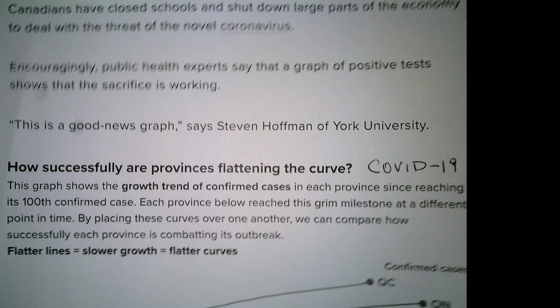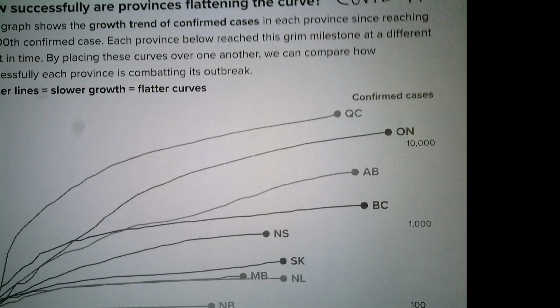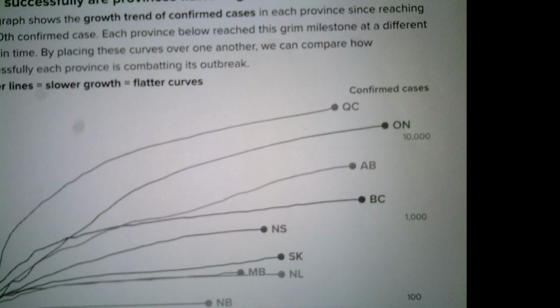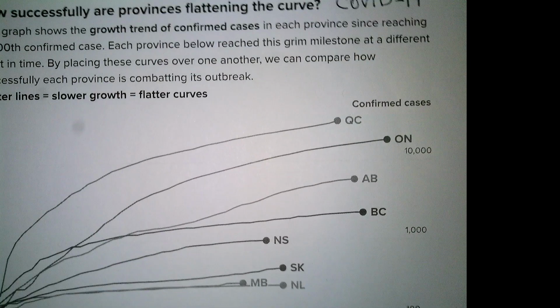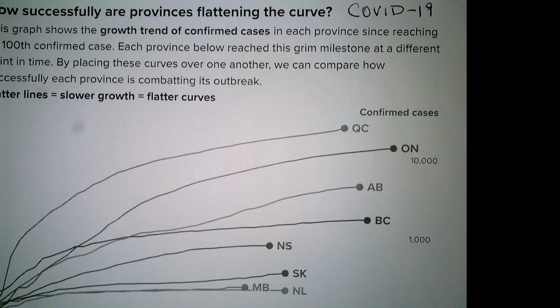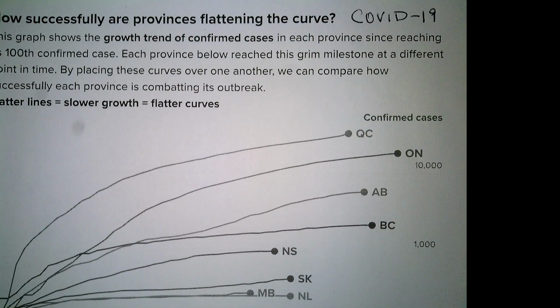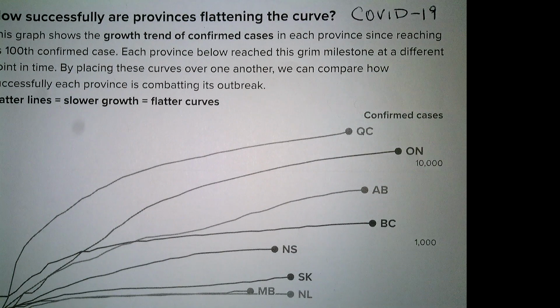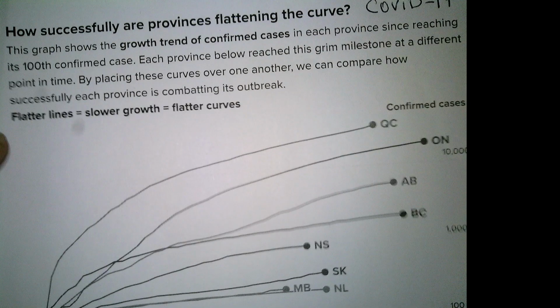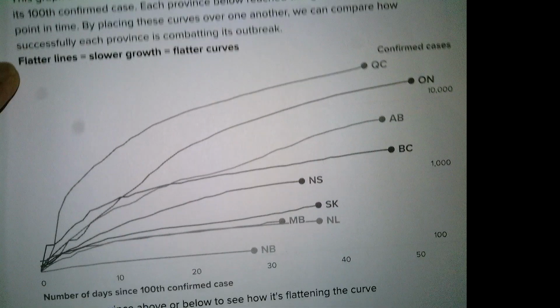This is an example of what we are doing right now, interpreting the graph. Of course, the graph you are going to deal with will be different. Let me get it set up.